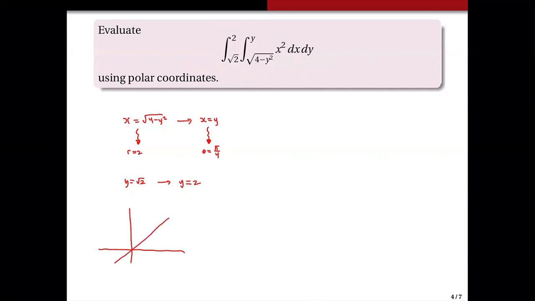So this is 1, this is 2, this is 1, this is 2. Pardon the scaling, but pretend that this is your circle. So anyway, this is the circle r equals 2. This is the line theta equals pi over 4.